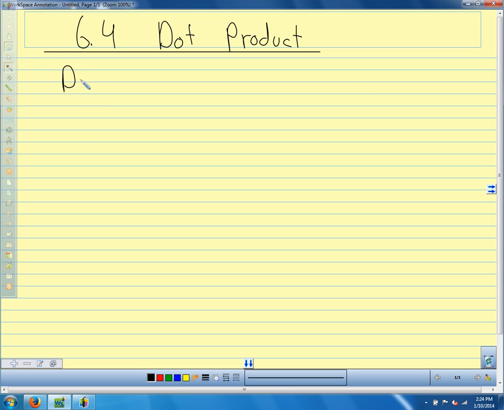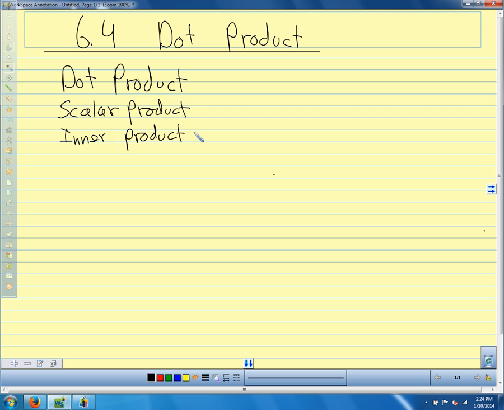So the dot product, you'll also see it called the scalar product, or the inner product. The most common name for it, the one we'll use, is the dot product.